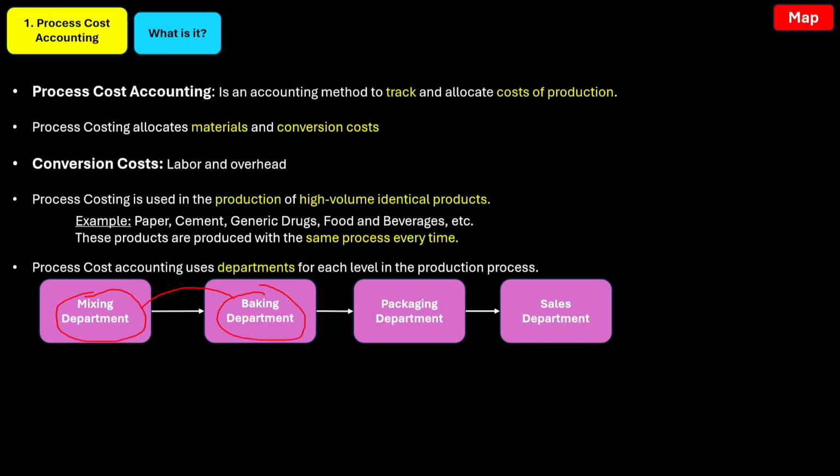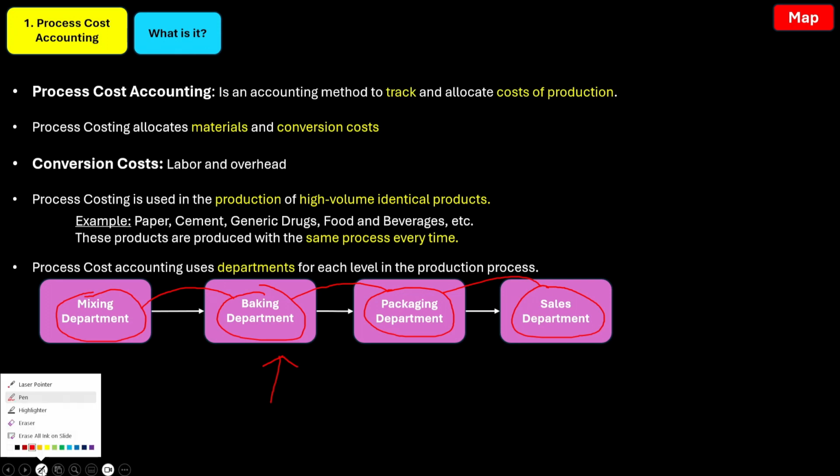And then once the baking department is finished, we send it to the packaging department. And then I can start my sales department. But I can only start the baking department once my cookie is finished mixing.